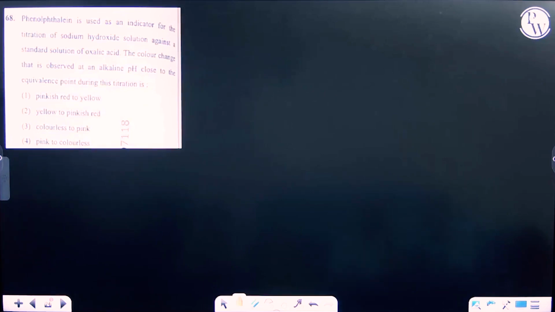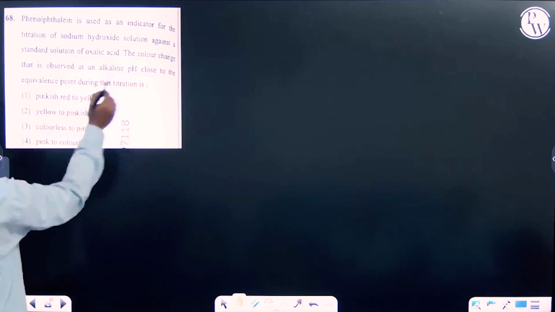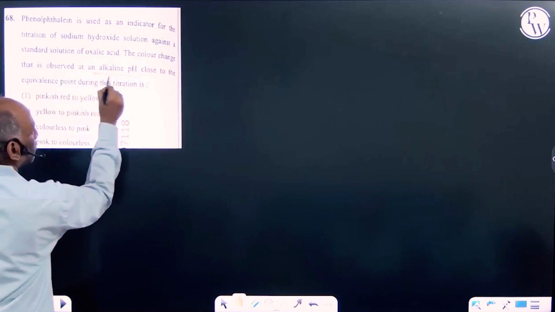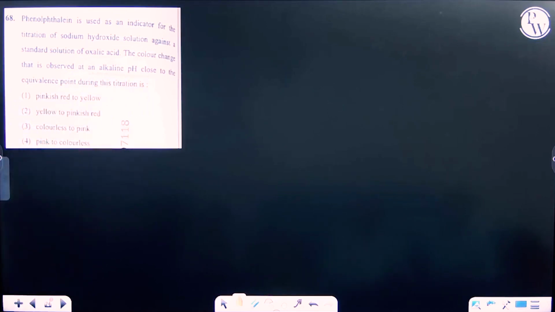Phenolphthalein is used as an indicator for the titration of sodium hydroxide solution against a standard solution of oxalic acid. As you are aware, here he is asking what is observed at an alkaline pH. Alkaline pH means the pH is greater than 7.